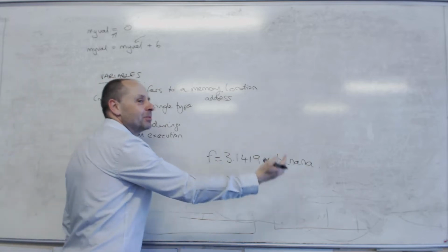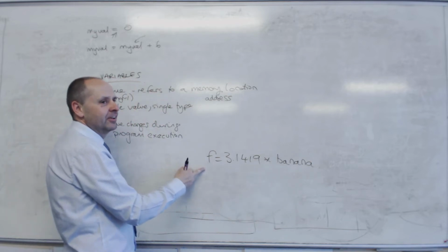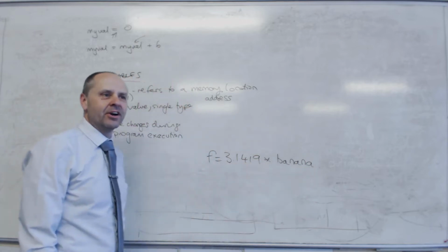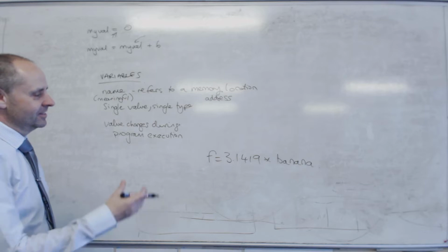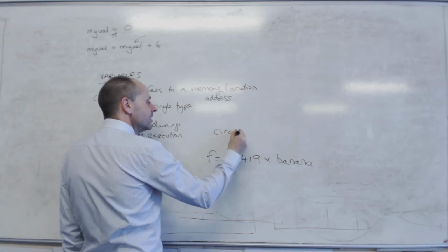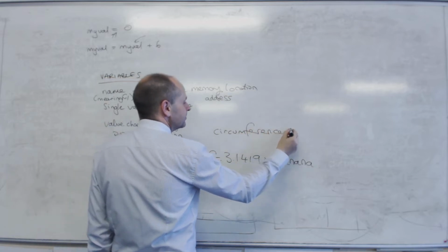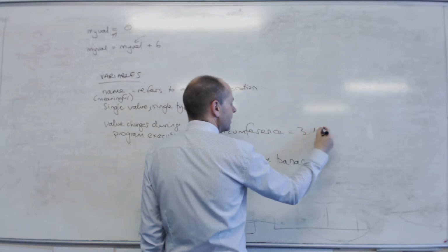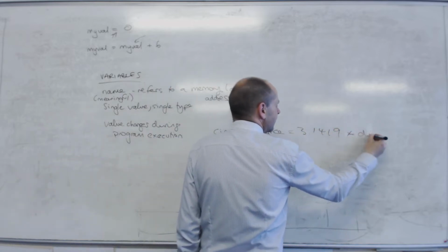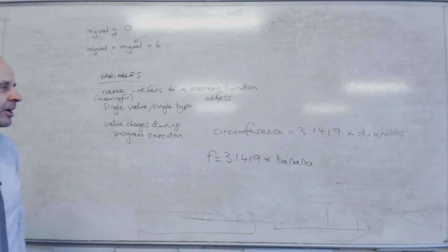But not explicit and obvious unless you know that f is where we're going to store the circumference and banana is the diameter of the circle. Just by renaming this, so if instead of calling it f, I call it circumference. And I will improve this further when I talk about the next thing. And then I put diameter. Makes it more readable straight away.